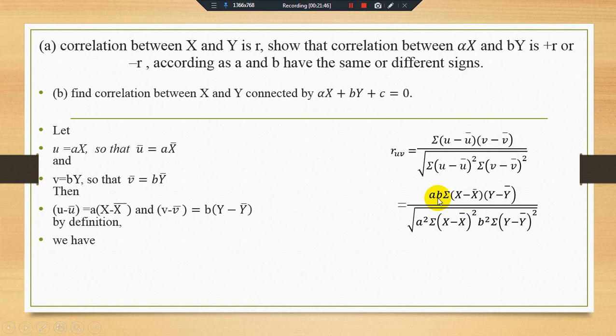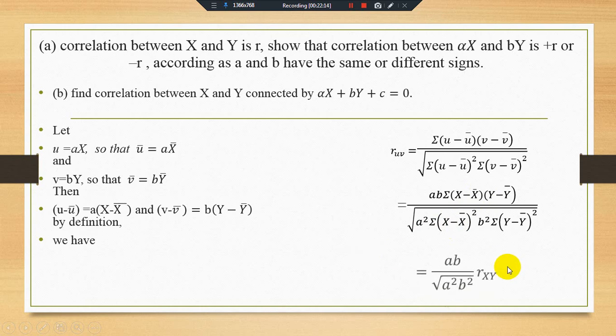See here, we have A and B as common factors, you can call them constants, so we are not putting them in front of the summation. The values of U minus U bar and V minus V bar are substituted.